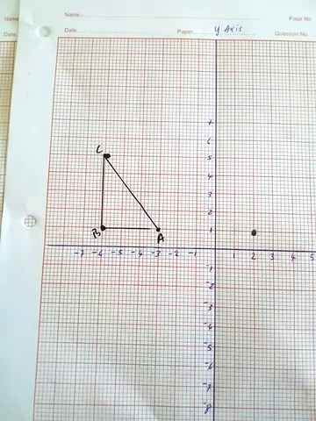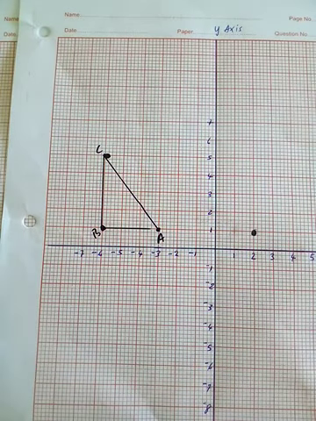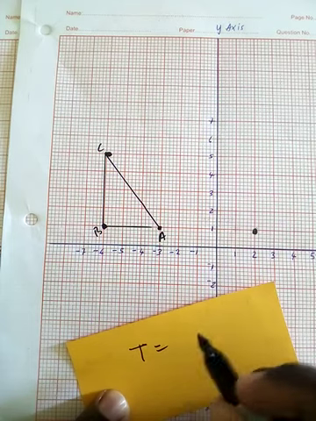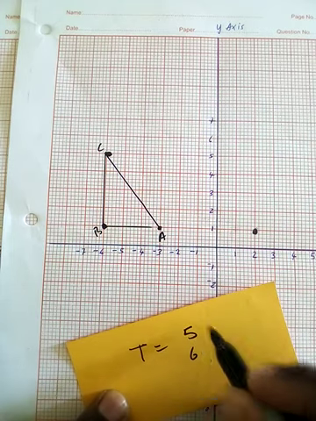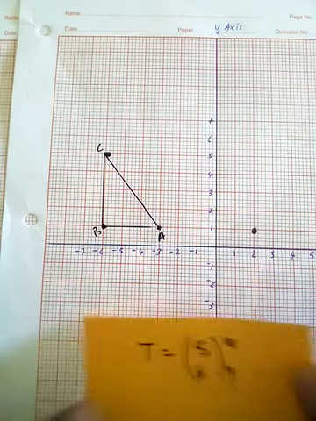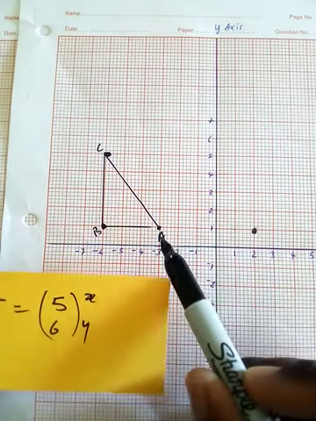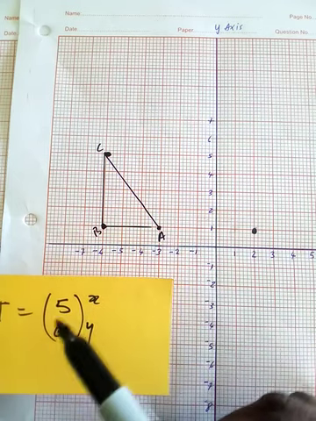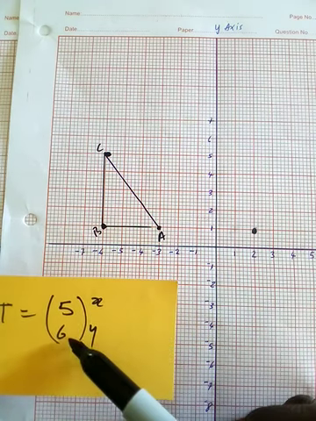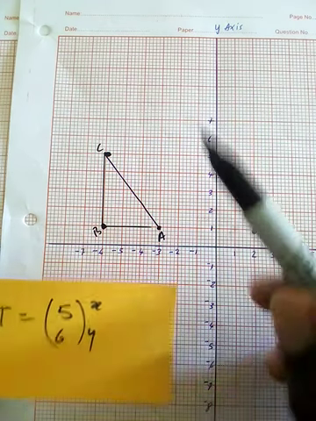Let's use the vector 5, 6. So what this is saying is that I'm going to move each point 5 units, guys, positive 5. Each of them is going to move 5 units to the right, and because it's positive 6, each is going to move 6 units upwards. So let's go.